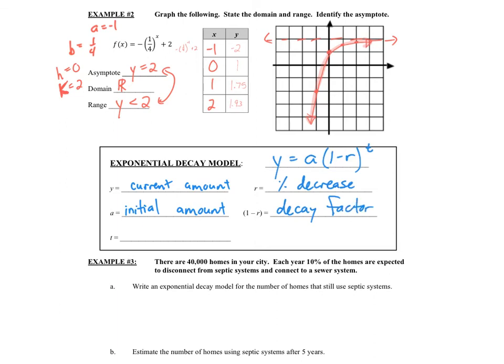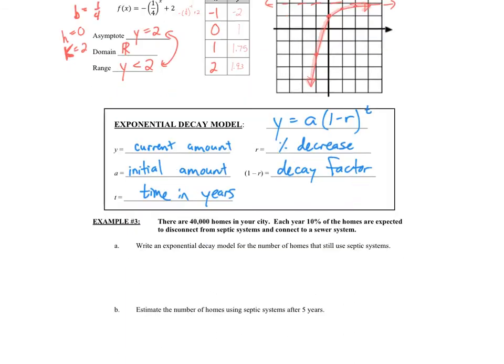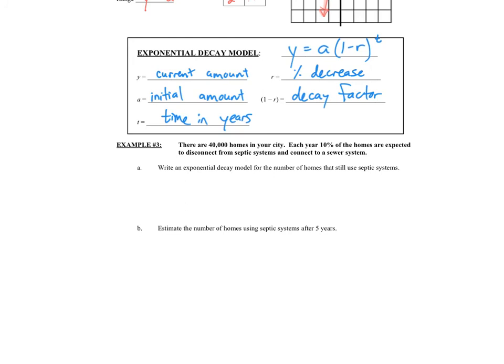And t is the time in years. So it's just like the growth model we covered earlier in section 1, except for now it's a minus r instead of a plus r.